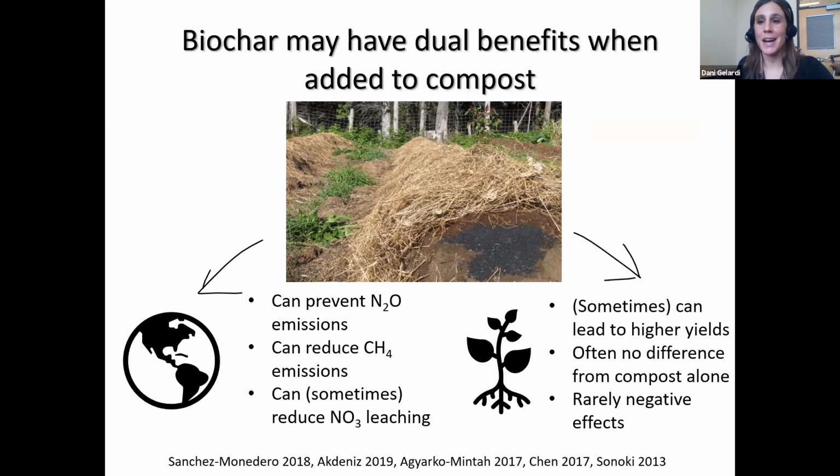There may be a positive yield impact, unlikely in most systems, but there are these climate change mitigation benefits. So that's definitely something to consider, especially in California with policies like SB and AB 32, which are these climate change mitigation targets that we have, which downstream impact growers through different legislation about controlling nitrogen and greenhouse gas emissions.